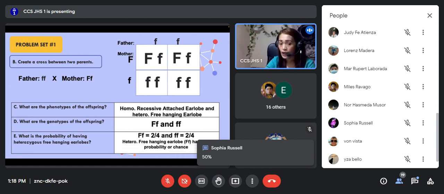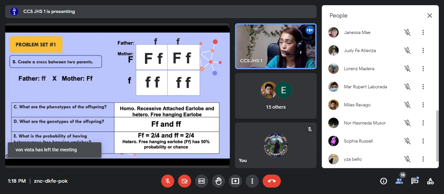If you look at the Punnett square, there are 2 out of 4, and if we divide that, it gives us 50%, or half the chance that the given offspring will have a free-hanging earlobe.